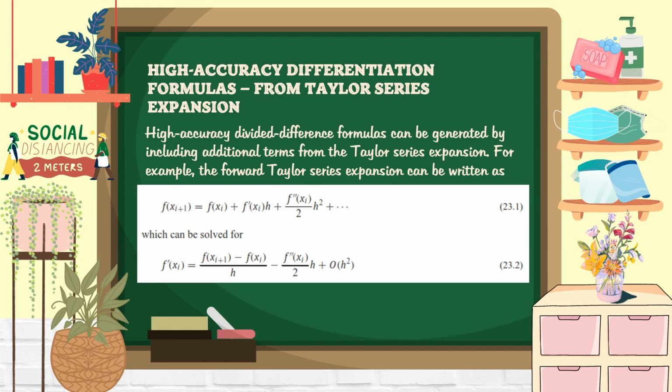the second derivative of the function x sub i over 2 times h squared until the nth term, which can be solved for the first derivative of the function x sub i, equal to the function of x sub i plus 1 minus the function of x sub i all over h, minus the second derivative of the function x sub i over 2 multiplied by h, plus the error of the step size h squared, as represented by equation 23.2.